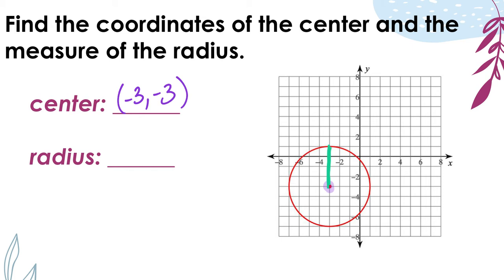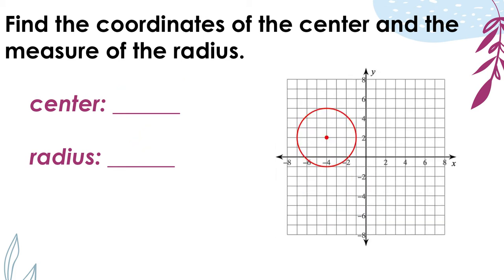You can go north, south, east, or west, and any of those directions should give you exactly the same number. I count the number of squares: 1, 2, 3, 4. So this has a radius of 4, and then I double check my work by checking one more spot to make sure I'm getting the same number for both places.